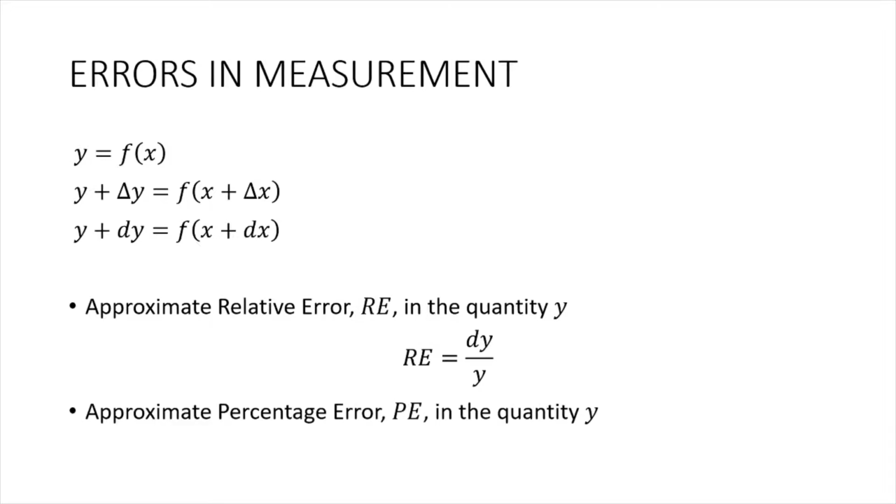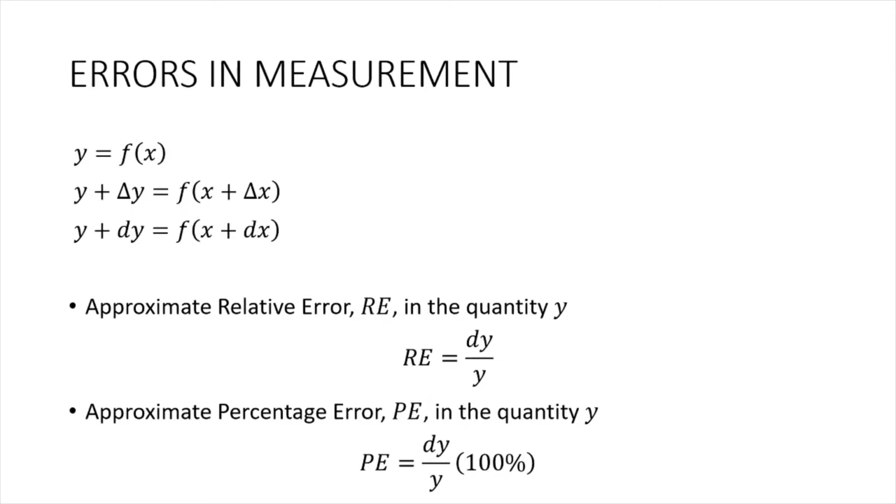And then the approximate percentage error is just dy over y times 100%. Again, this can be any other quantity. It can be in terms of x, the radius of a circle, the height of a cylinder, or the radius of a sphere, and so on. So let's look at some examples.